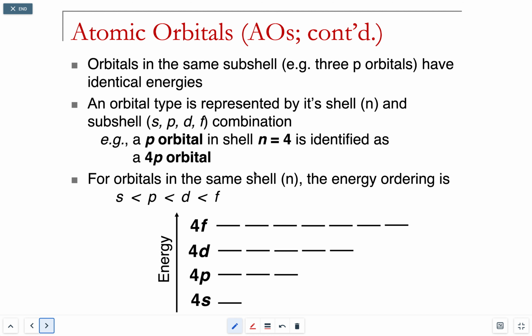The new thing to learn here on this slide is that orbitals within the same shell, the subshells, have different energies. The s subshell is lowest, the p subshell is next, so it's a little higher in energy than s. The d subshell is higher in energy than p, and the f subshell is higher than d. Again, orbitals within a subshell have the same energy.